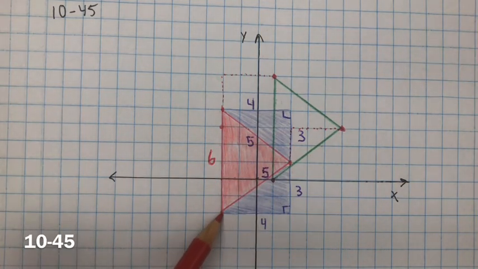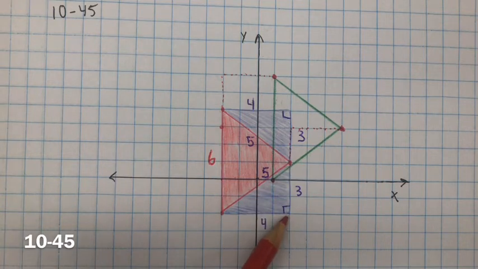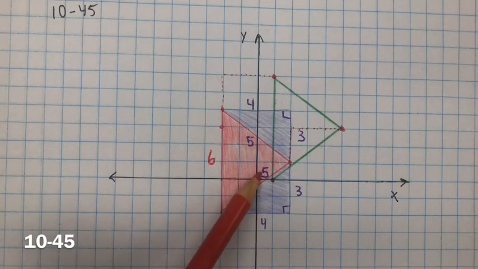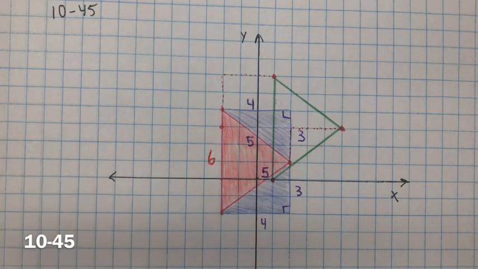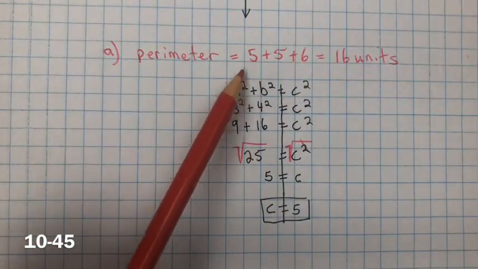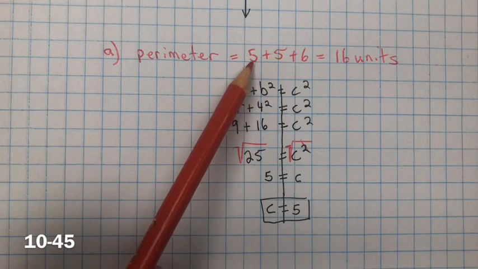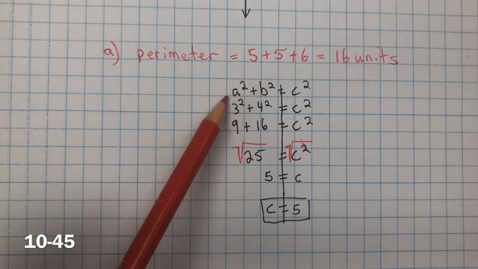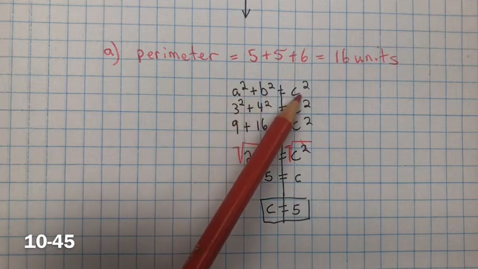And I did the same thing here. I created a right triangle, 3, 4, 5. Because 3 squared plus 4 squared equals 5 squared. Here I'm showing how to find that the hypotenuse was 5 by using the Pythagorean theorem, a squared plus b squared equals c squared.